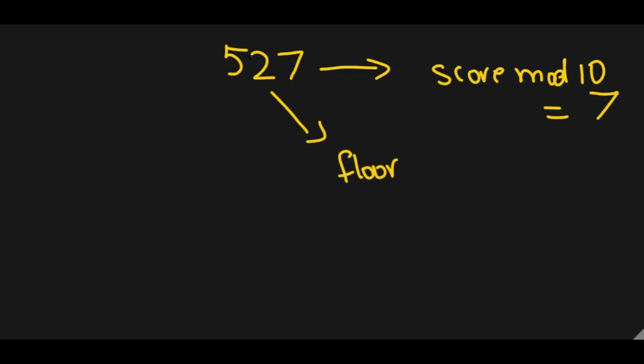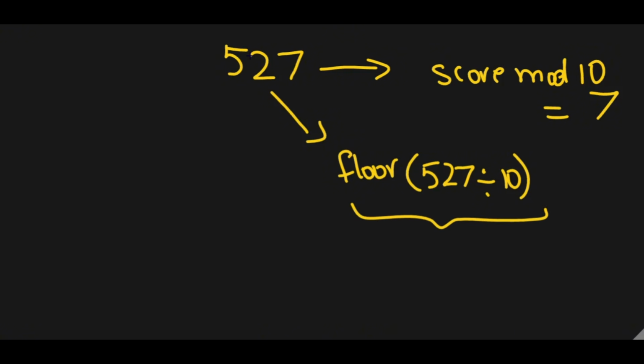This is the tens position, so we divide it by 10. 527 divided by 10, and then we take the mod of this entire thing. This will be equal to 52, and if we take a mod with 10, this is now 2.